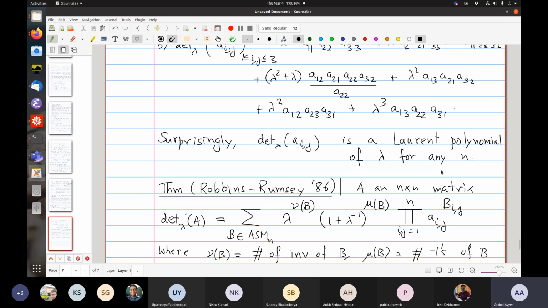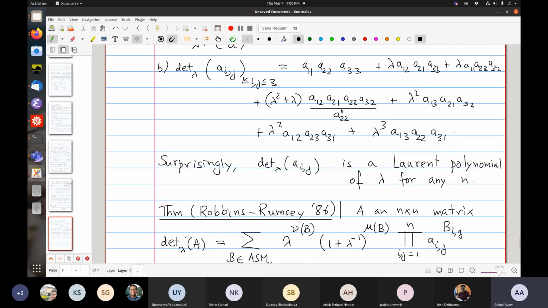And I should say, just to compare, the other 6 terms exactly correspond to permutations. This is the non-trivial term, and it corresponds to this 0, 1, 0, which I already wrote many times today. So these 4 entries give you positive powers, and this gives you a negative power.